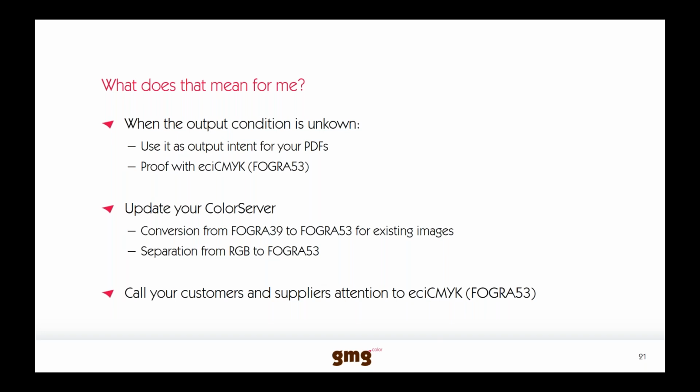There are device link profiles from FOGRA53 into all the printing conditions, so FOGRA53 to FOGRA51 to FOGRA52, and all of the printing conditions you can imagine. And there are separation profiles available to convert from RGB to FOGRA53 for your image data.